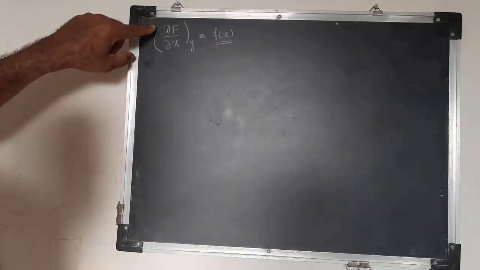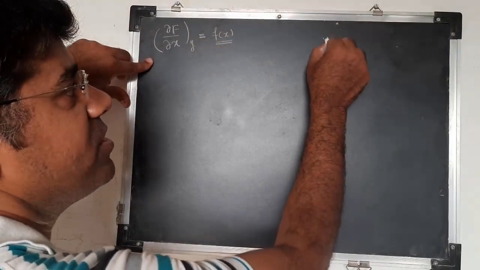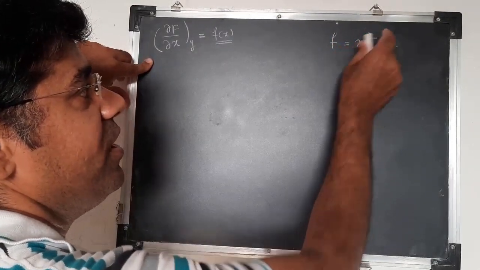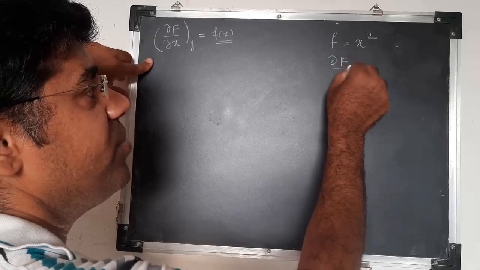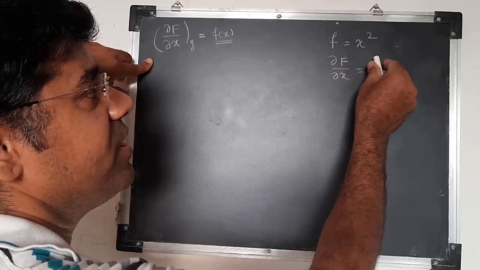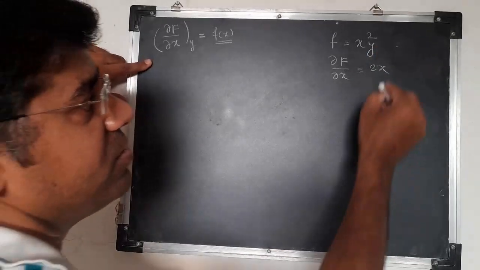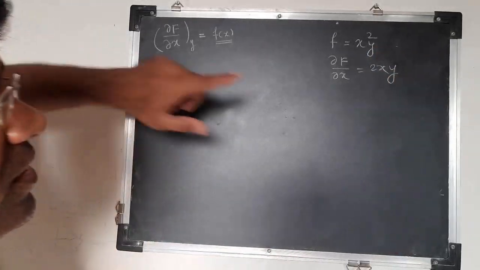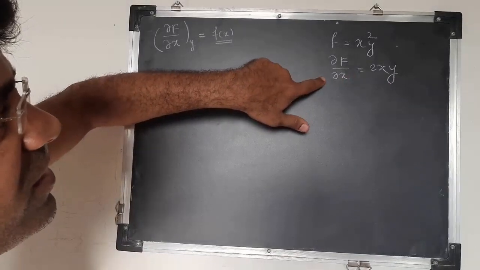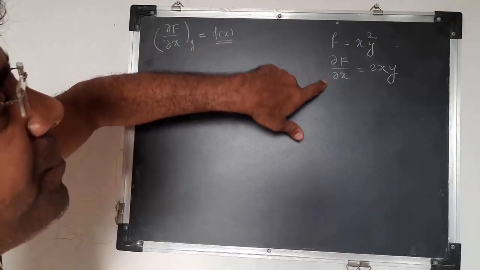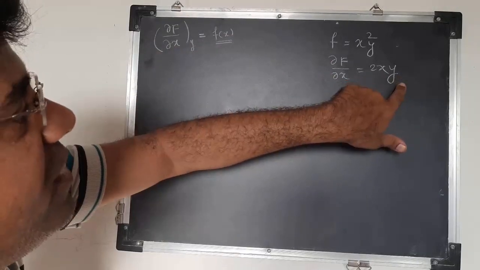You have already taken a partial differentiation, just like the example, suppose f is a function of x square y, and when you take delta f by delta x, that is nothing but 2xy. Now we have to write this depends upon x and y, so that's why we write delta. So this is 2xy.